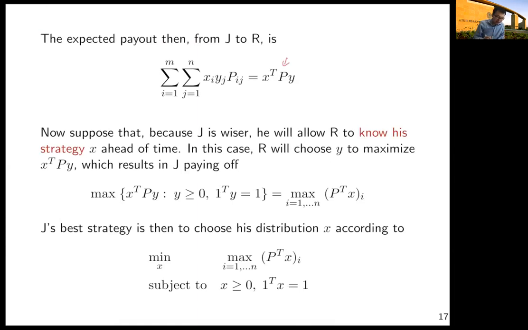From the perspective of R, R tries to maximize this problem by treating x as fixed, and this is a linear program. When x is fixed, x transpose P gives you the coefficients of all the choices that you can make, and among them, y can choose a single fixed action that maximizes the total payoff.